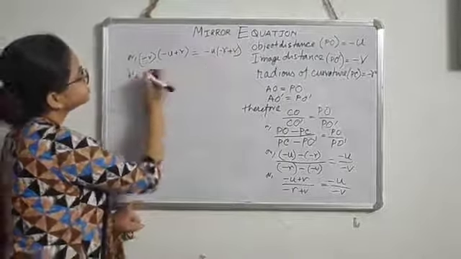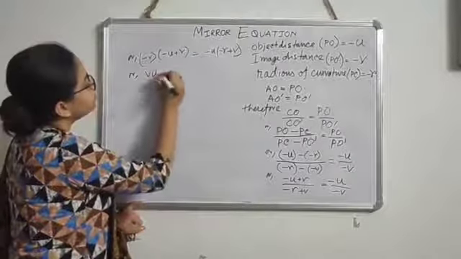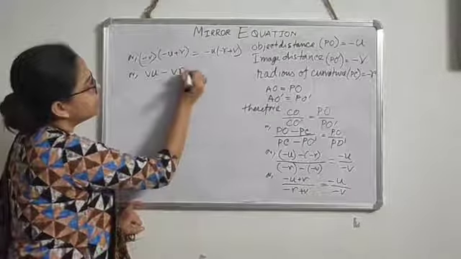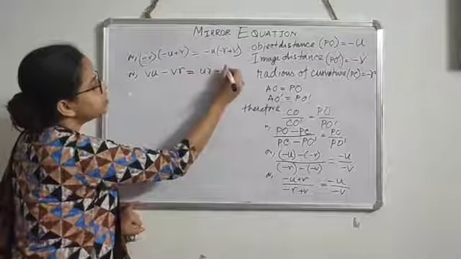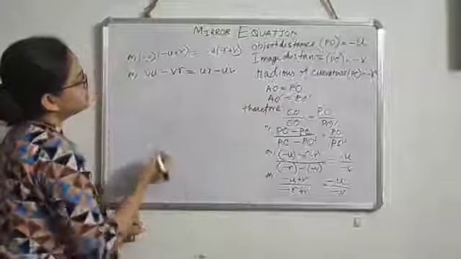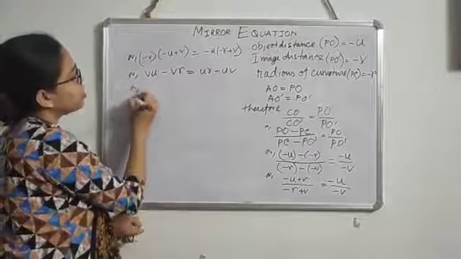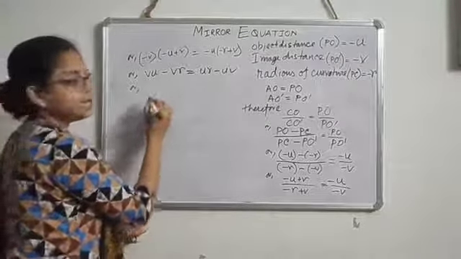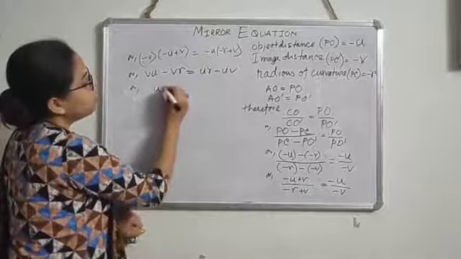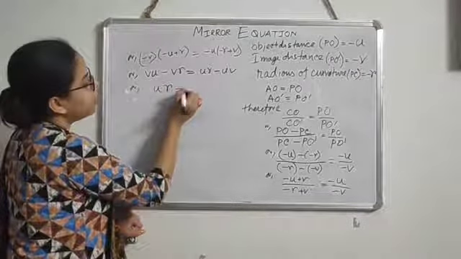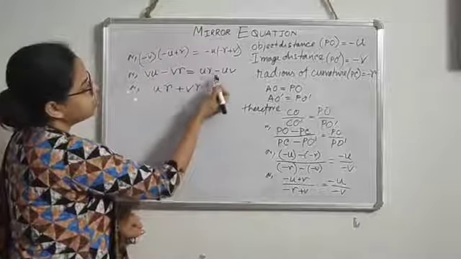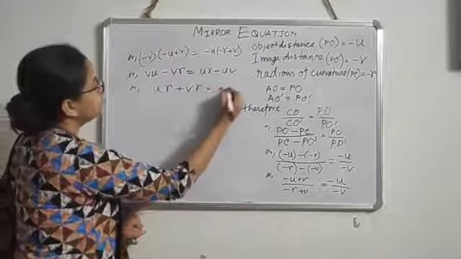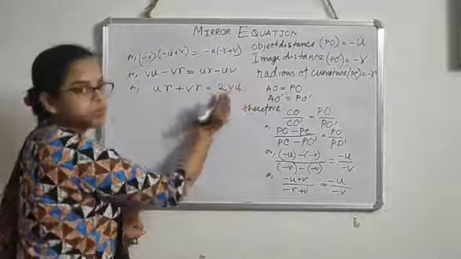Okay. VU minus VR equals to UR minus UV. Okay. Or we can write that UR plus VR equals to 2VU.